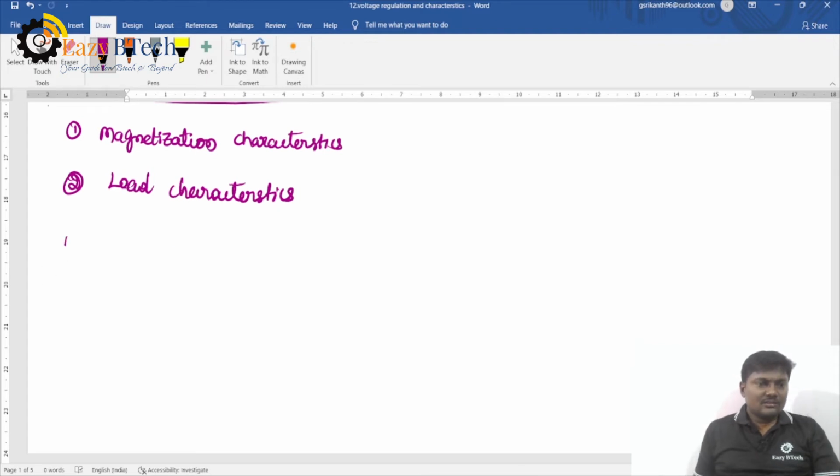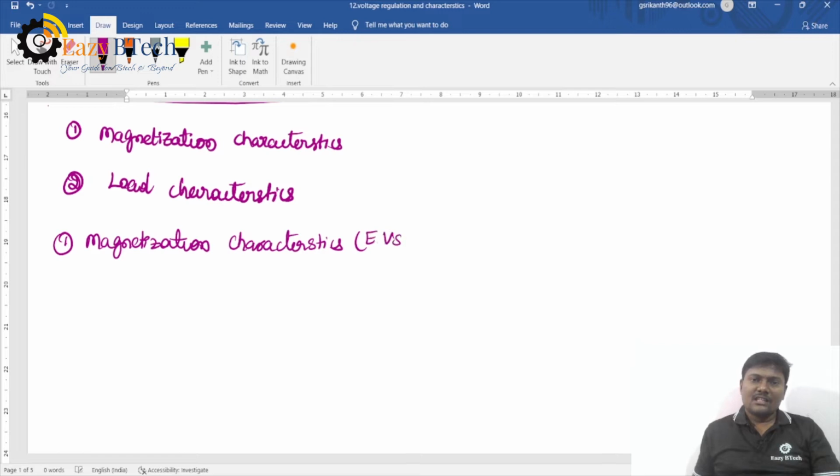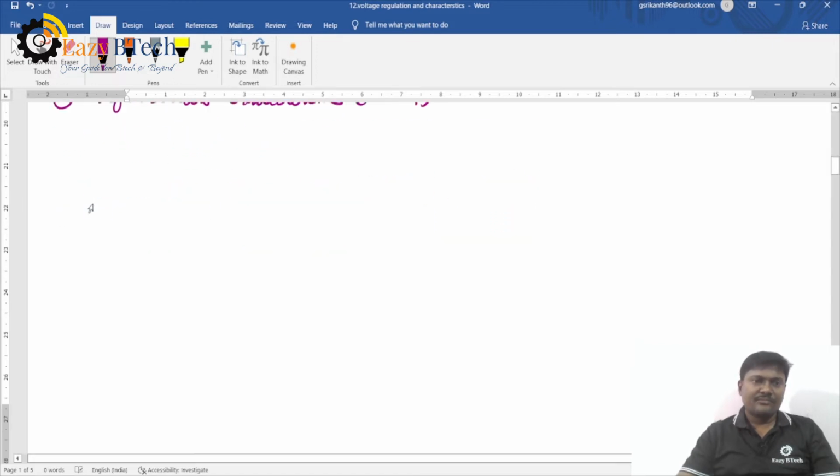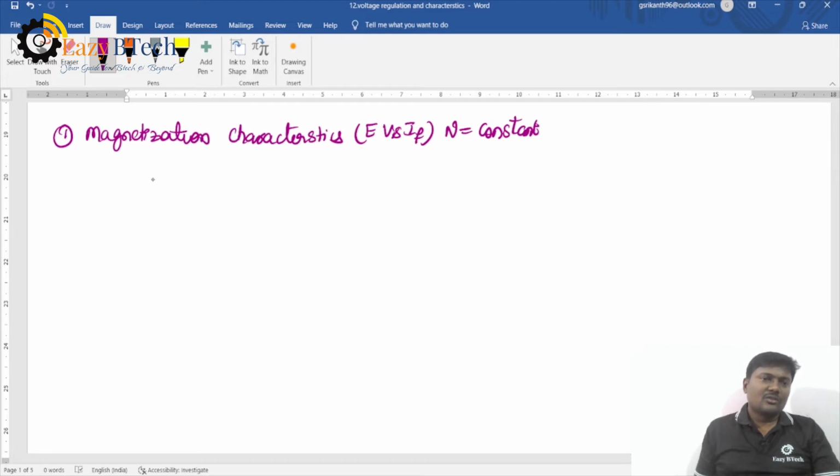In order to draw the magnetization characteristics or open circuit characteristics, already we discussed in the last class, magnetization characteristics are drawn between E versus IF by maintaining the speed of the prime mover constant, and this characteristic is also called the no load characteristics.